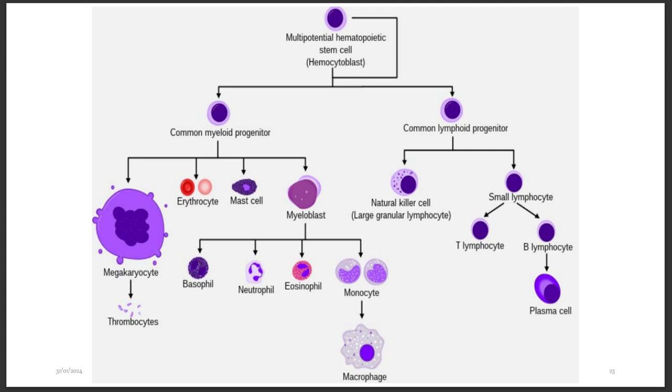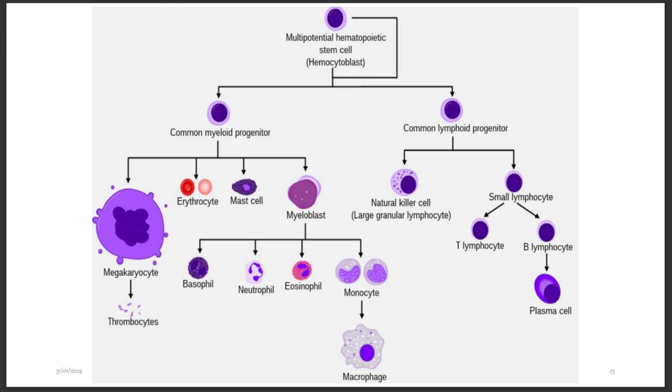So you have got large lymphocytes and small lymphocytes, just as you can hear from the word common lymphoid. If you hear of large lymphocytes, these are called the natural killers. They are known as natural killers because they kill anything that comes to the body naturally. They are part of the body like that.